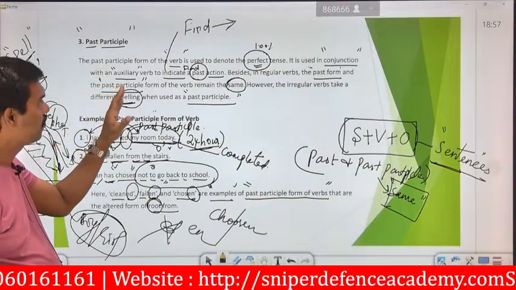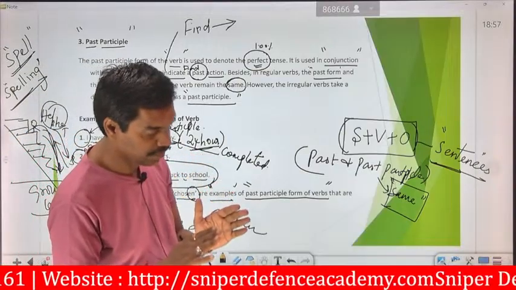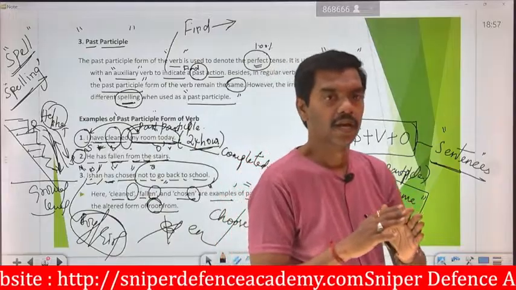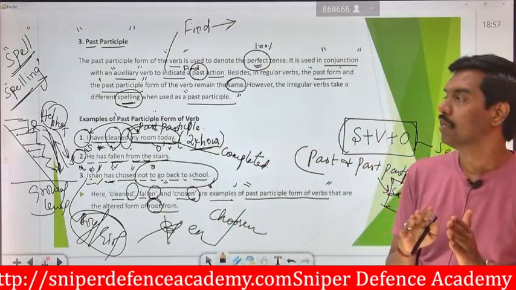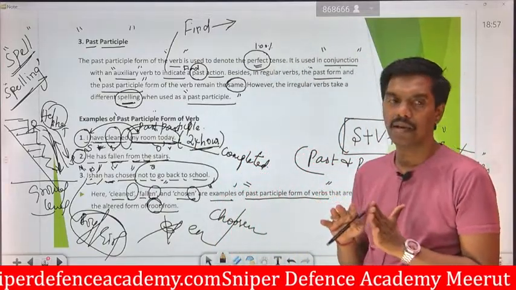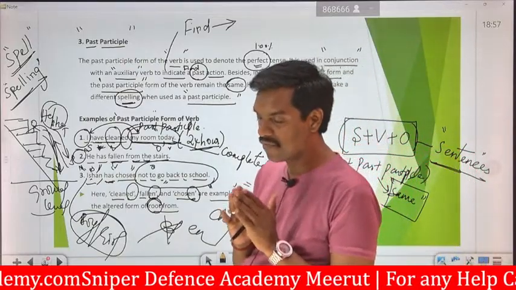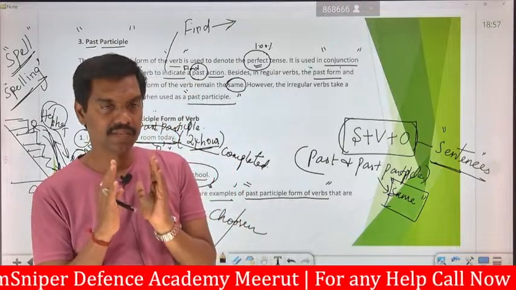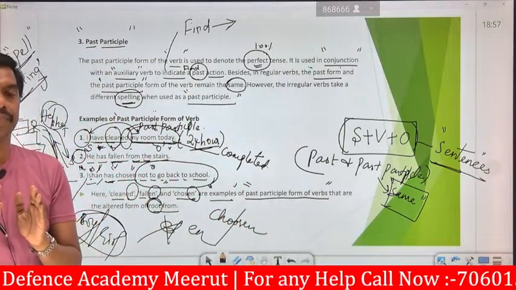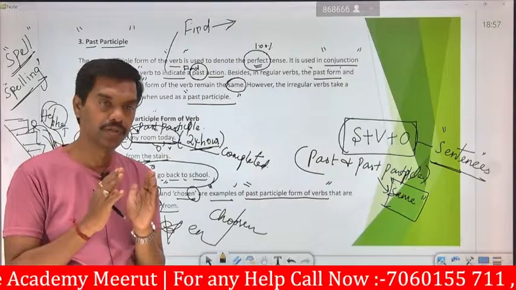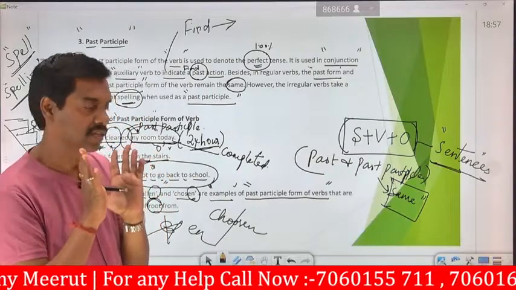Here it is a form of verb, a type of verb which denotes the perfect tense. The tense which has been shown here will be perfect, exact, correct.